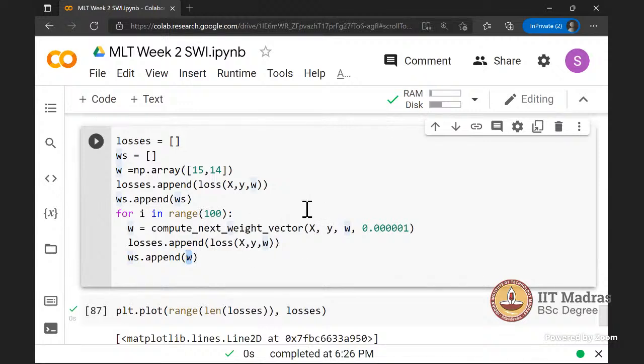Correct. So in the plot, PLT.plot, my X coordinate will be W0 and W1 will be the Y coordinate. Exactly. And the Z coordinate will be your loss. Right. Okay, I'll try that. In 3D space, you need 3 coordinates. So W0, W1 you will get from here, and Z you will get from these losses.